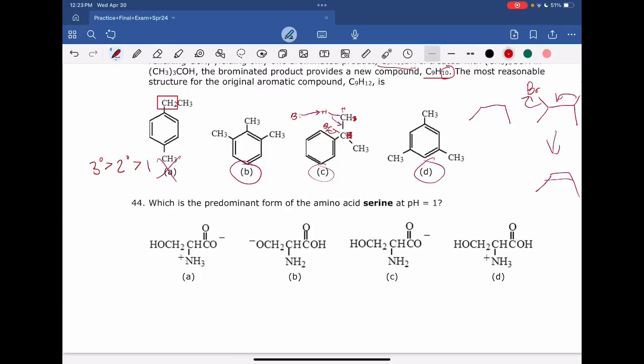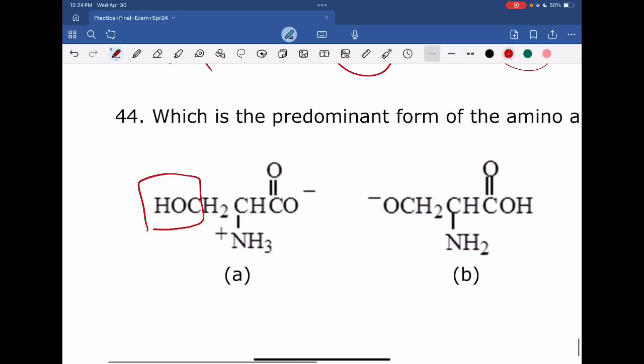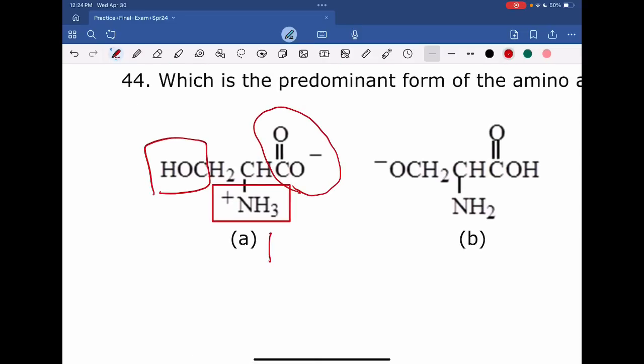Okay, so for this last one, it just comes down to knowing your pKa's. Identify which functional groups are here. We have an alcohol, we have a carboxylic acid, and we have an amine. The pKa for the amine being deprotonated in this form is 9. If we want to lose one of these H's, we need at least 9 pKa units of energy. The pKa for this thing is 5 in its acid form, right?